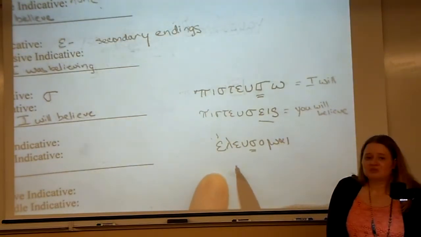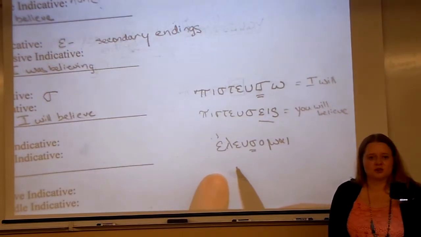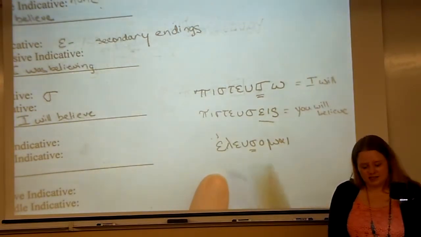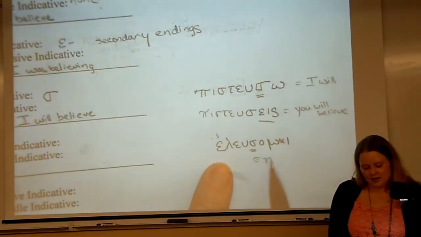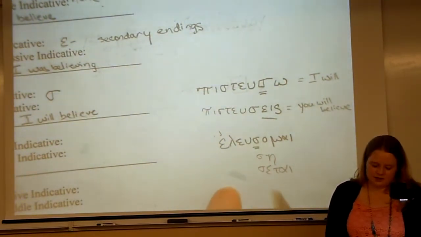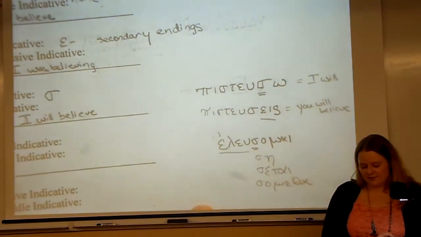Why? I don't know. It's kind of like go becomes going becomes went. It's just a super common verb, and so it changes up forms. No one knows why. But it's built off of this stem. But now once I know this, eleusomai, I can make all the rest of the forms. Because eleuse, eleusetai. I mean, I can build them just like I would anything else, once I know the new stem. I hope this makes sense.